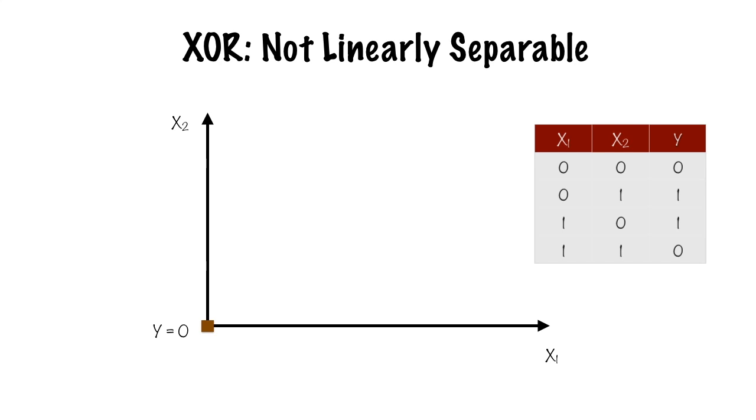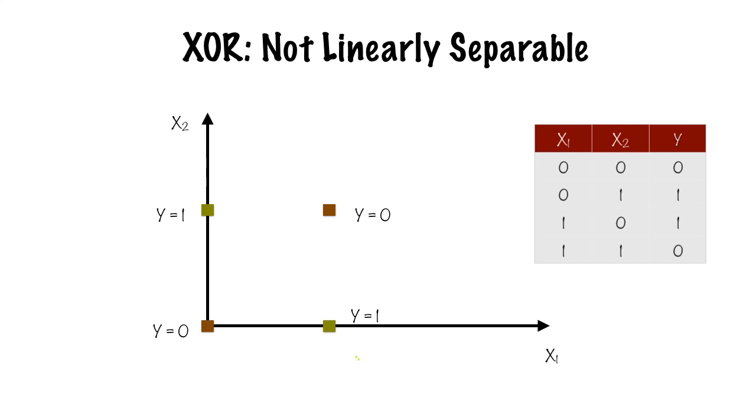So we write y is equal to 0 for that point at the origin. From our truth table, we know that when x2 is equal to 1 and x1 is equal to 0, the output y is equal to 1. Likewise, when only x1 is equal to 1. And lastly, when both of the inputs x1 and x2 are equal to 1, the output y is going to be 0 as well. So we end up with 4 points in our two-dimensional space.